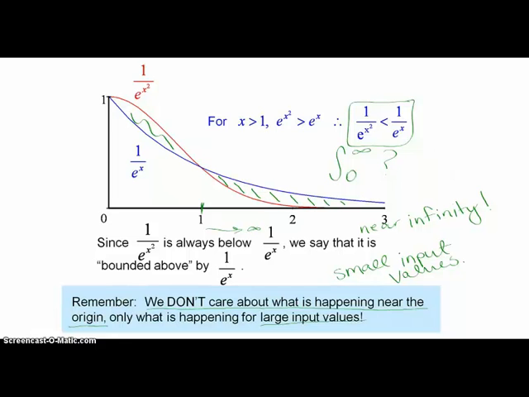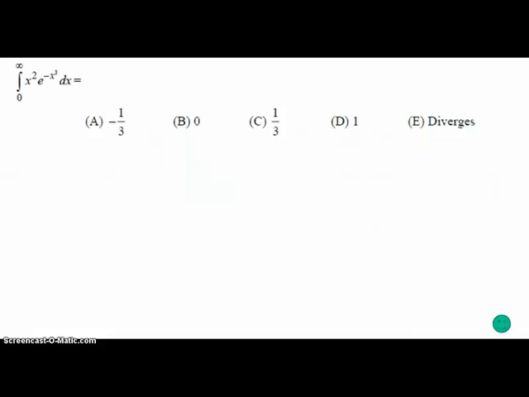All right? And a final example here. Here is an integral that we could actually evaluate. We can just get right down to the business of evaluating this integral. It is a u substitution. It's one that we can evaluate very easily.